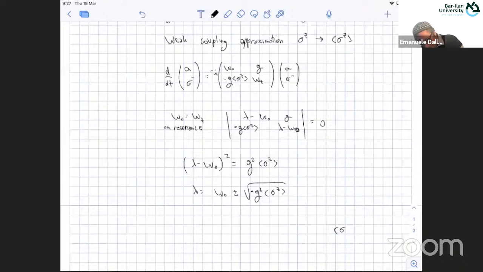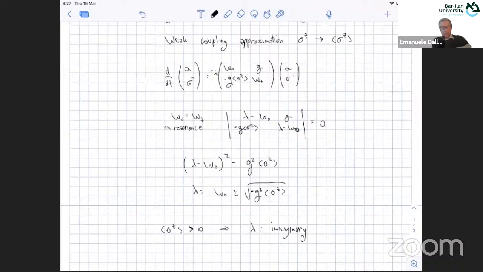So for sigma Z that is positive, lambda becomes imaginary. I did it the Hebrew way. Let me do it the English way. So if sigma Z is negative, is positive, then lambda becomes imaginary.